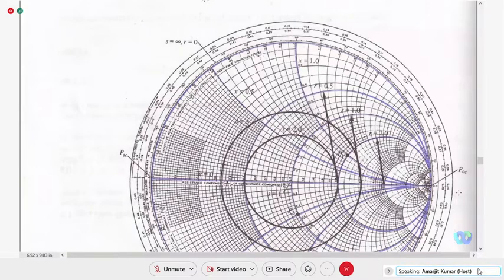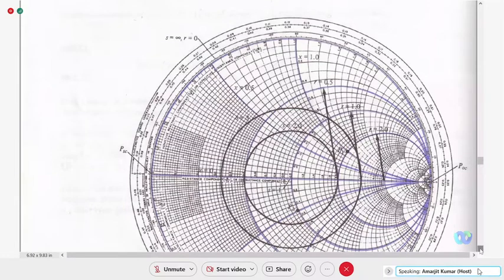So what will 0.5 lambda be? That corresponds to 360 degrees. So lambda by 2 corresponds to 360 degrees, and one complete revolution corresponds to a lambda by 2 distance of the transmission line. Is it okay for you? That means lambda corresponds to 720 degrees.